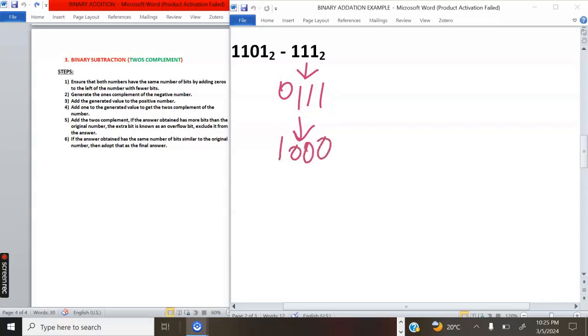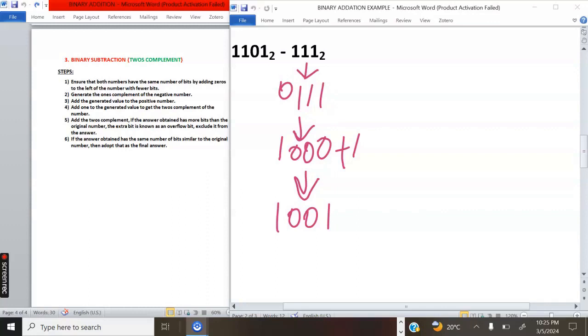Okay, after doing that, the number that we have, we need to add 1 to get the two's complement. So you add this number to 1. Therefore, the answer that I will have is 1, 0, 0, 1. Remember the rules? 0 plus 1 is 1, while 1 plus 1 is 1, 0.